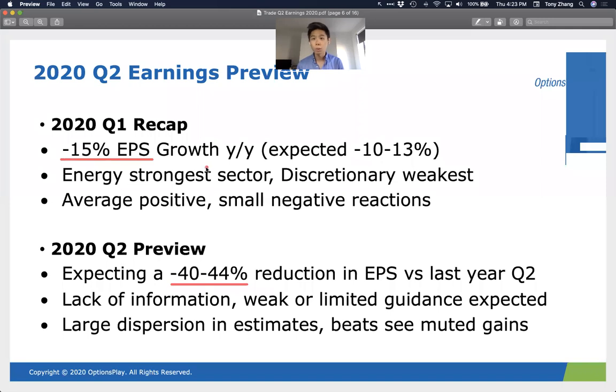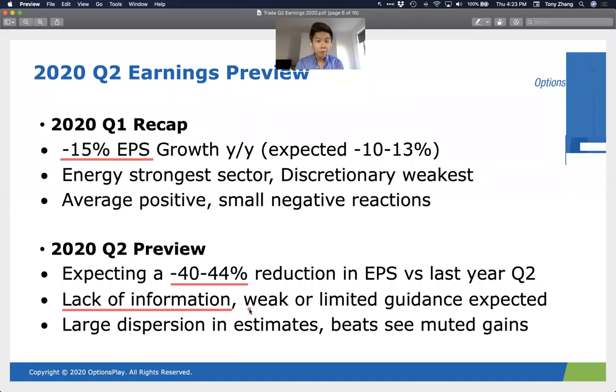Now, markets are forward-looking. Markets are not just focused on Q2 earnings. They're already looking at Q3, Q4, what they're expecting for the full year and what the pace of that recovery is going to look like. Now, the challenge here is that we really have a lack of information.